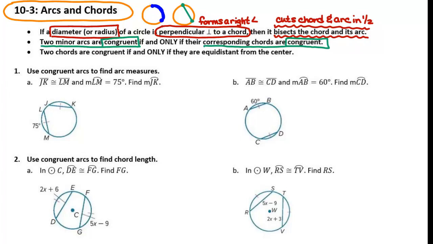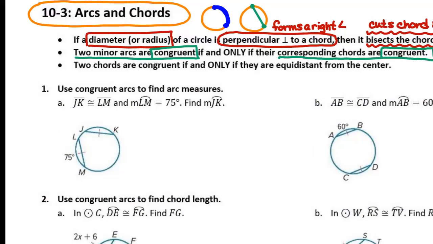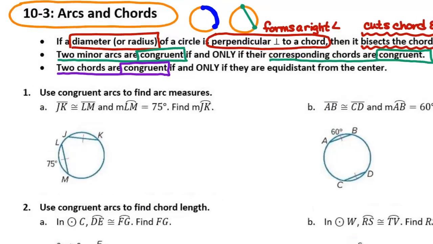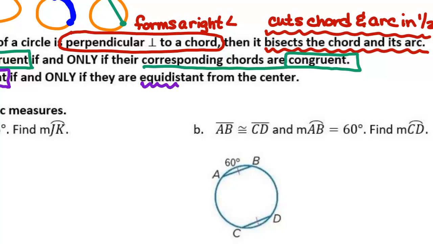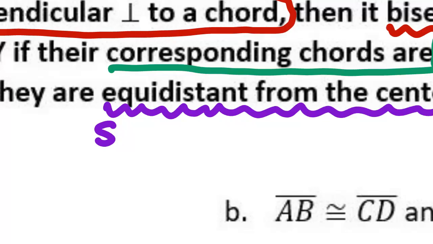And if I have two arcs that are congruent, then the segments that are joining the endpoints of those arcs would also be congruent to each other. And then the very last one, two chords are congruent if and only if they are equidistant from the center, so same distance from the center.